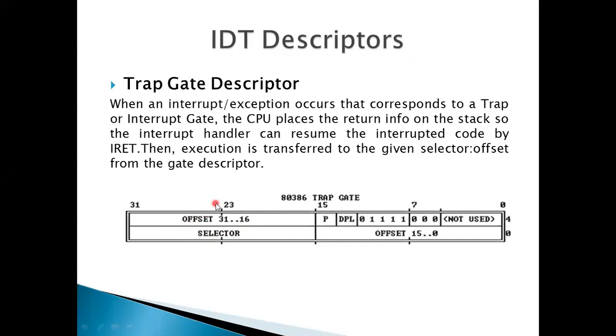It is the information for the interrupt handler, right? That's why, as we have seen, selector plus offset is part of the gate descriptor. Why is it there? Because the gate descriptor maintains interrupt-related information.